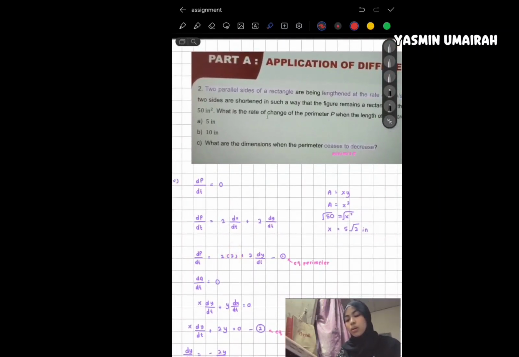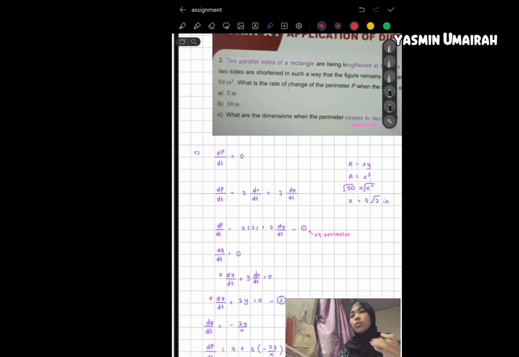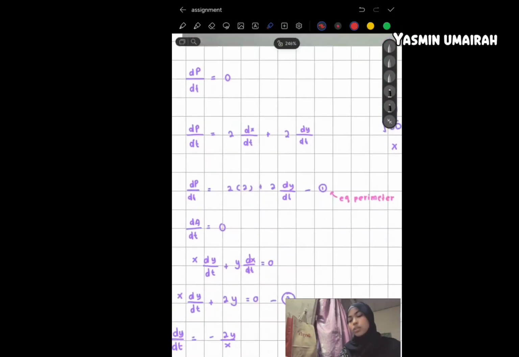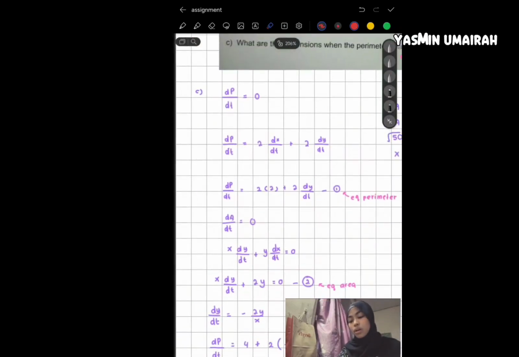This is our first equation, which is the equation from the perimeter. And we also know that the rate of change of area is 0 because it is a constant. So this is our second equation, the area equation.